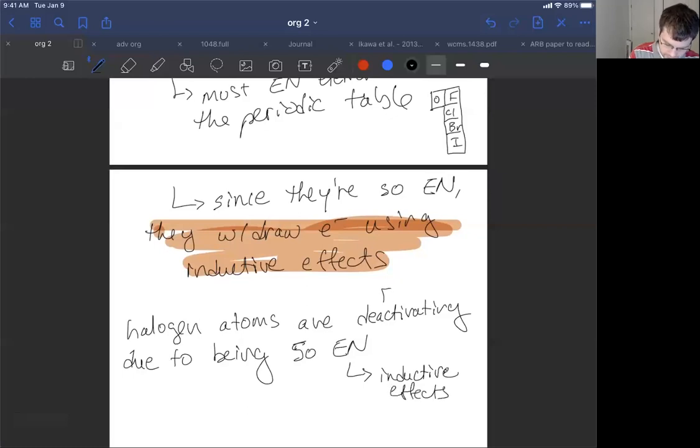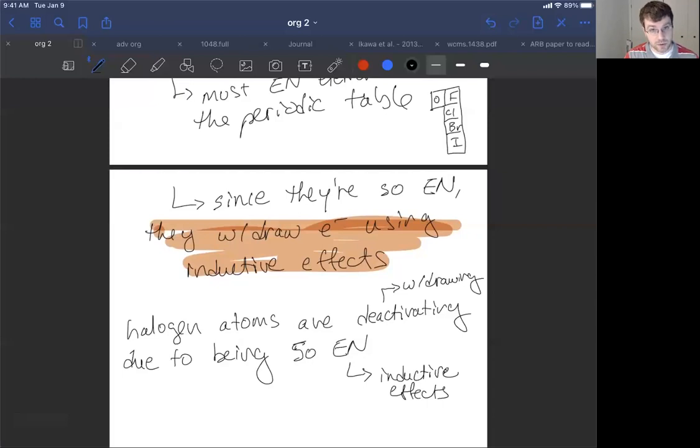Now, if they're deactivating, that reminds us that these things are withdrawing groups. Sorry to be so redundant, I just want to emphasize halogen atoms are deactivating. They withdraw electron density by way of inductive effects, and that slows down the reaction in an electrophilic aromatic substitution reaction. Okay, they're not great things to have present if you want to try to do an electrophilic aromatic substitution reaction.